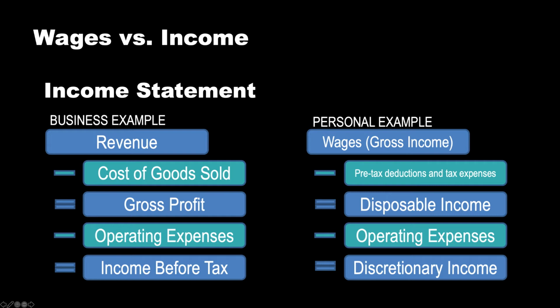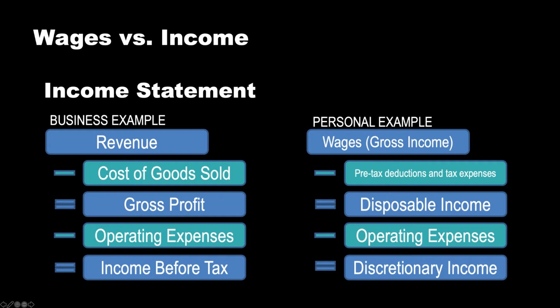So in the business context, after you've made revenue, you typically sold a good. A lot of businesses sell goods, so you'll take out maybe a cost of goods sold, and that leads to a number called gross profit. On the personal side, when you take out some of those pre-tax deductions and other expenses, you get what economists call disposable income. And from your disposable income, like your gross profit, that's what you pay your operating expenses for.